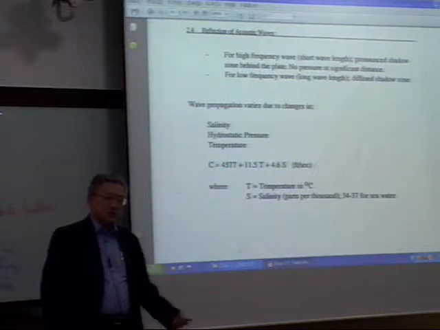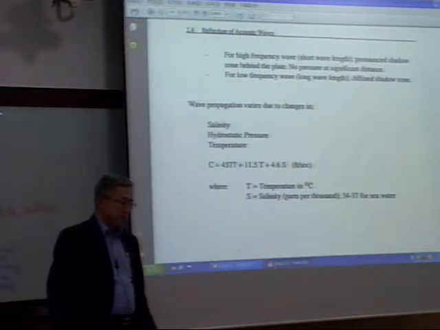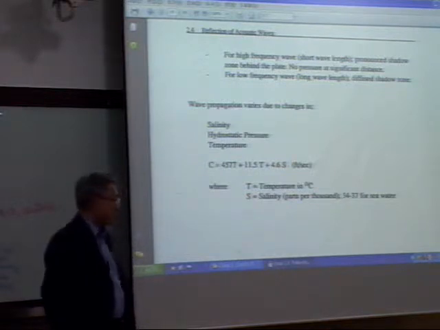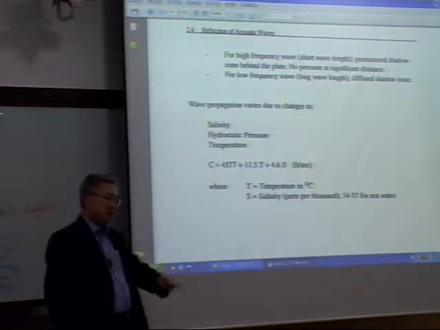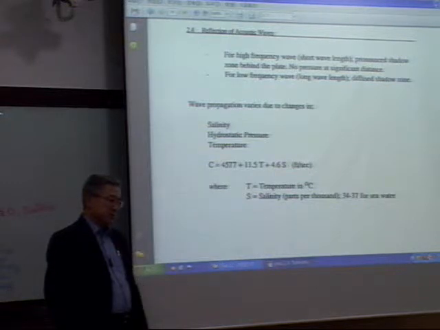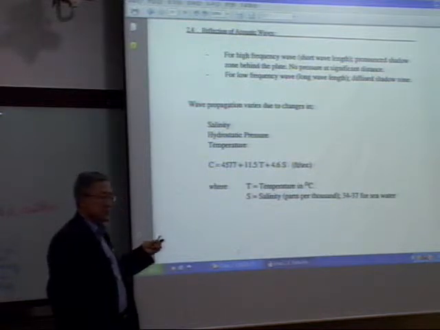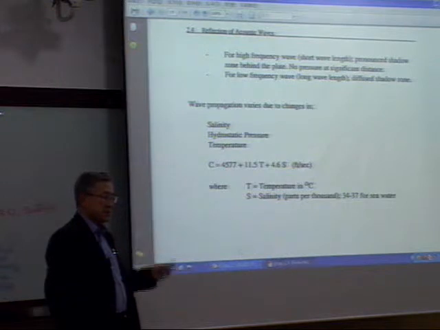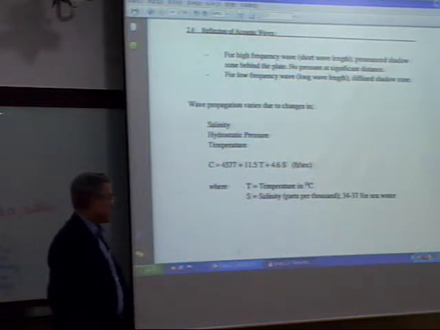Okay? Then pressure is a big parameter affecting the acoustic velocity. But in the range that surface ships and submarines operate, this is good enough. I mentioned to you already, pressure is not an important parameter.